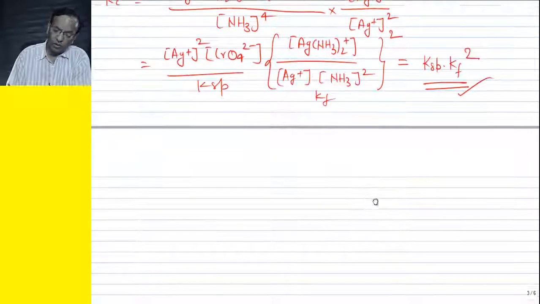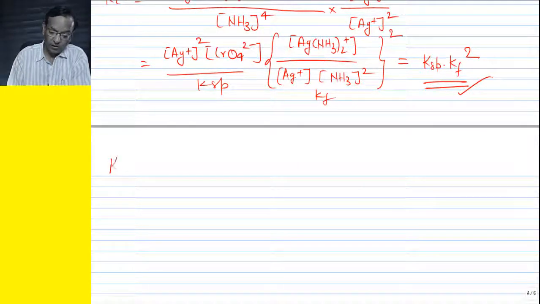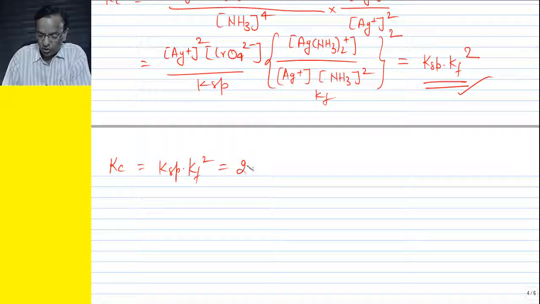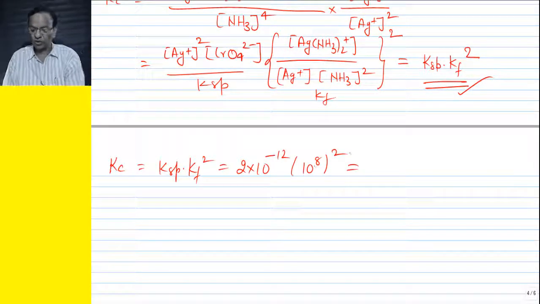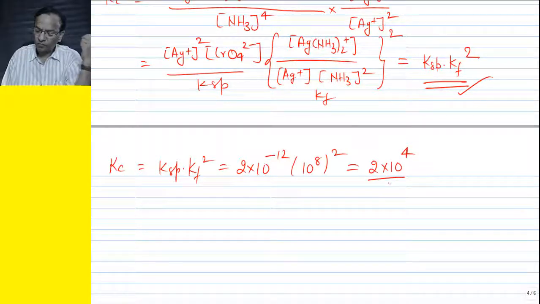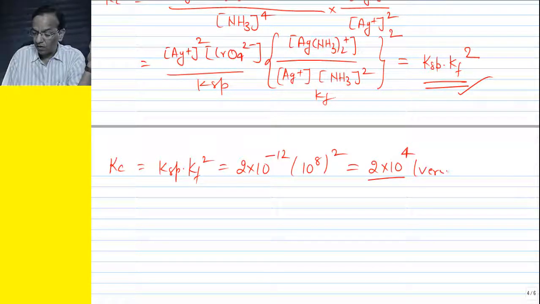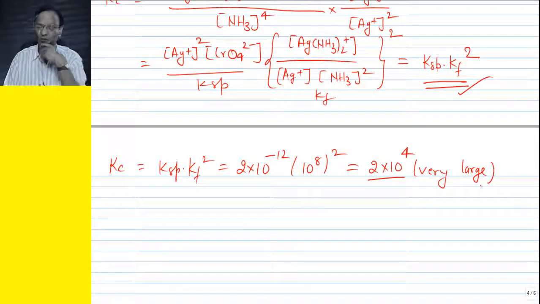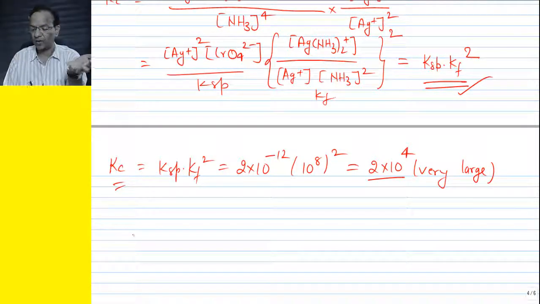So now the value of Kc, which is Ksp into Kf square, is 2 into 10 raised to the power minus 12 into (10 raised to the power 8) square. So 8 square is 16, so it is 2 into 10 raised to the power 4, which is a very large value.